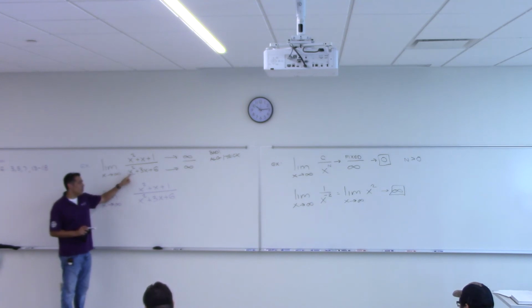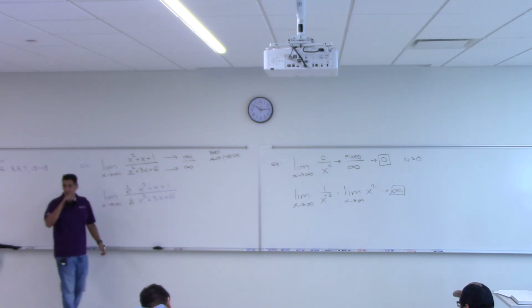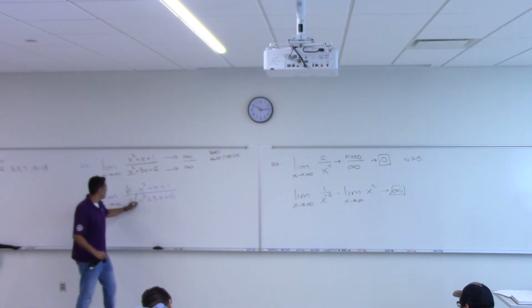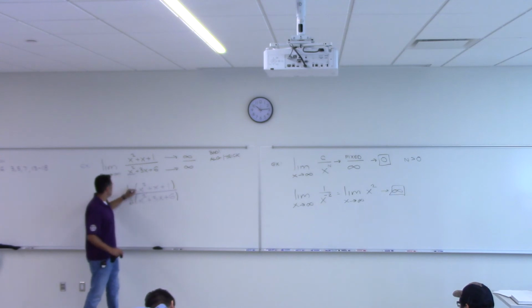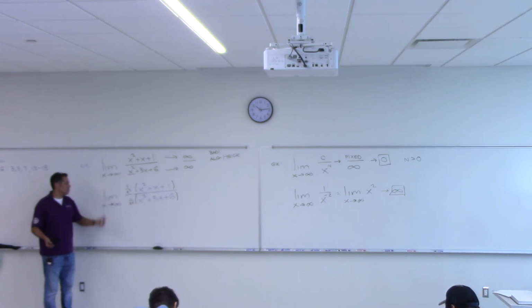I have to be able to multiply this by something and make it turn into a 1. So what I'm going to multiply by on the bottom is 1 over x squared. And whatever I do on the bottom, I have to do on the top. Okay? Now, you might be asking why, right? Let's just do it and you'll see why. Do y'all agree I can multiply by 1? Yes? Okay, so let's do it.